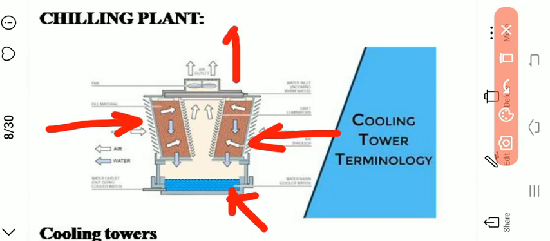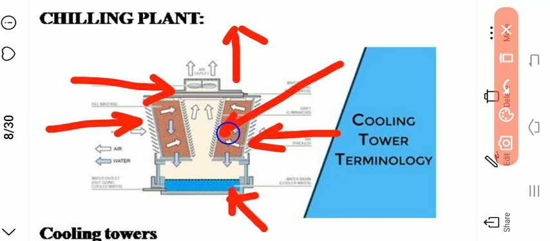This is the air outlet through this exhaust fan, and also it has a fill material. The air is passed through this fill material, and finally the water outlet, which is circulated to the processing equipments.